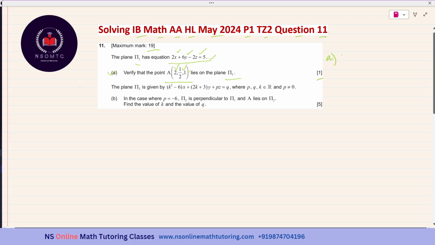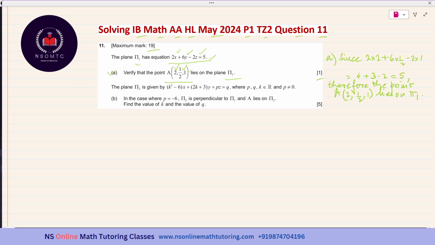So, since 2 times 2 plus 6 times half minus 2 times 1 is equal to 4 plus 3 minus 2 equal to 5, therefore the point E with coordinates 2, half and 1 lies on pi1.